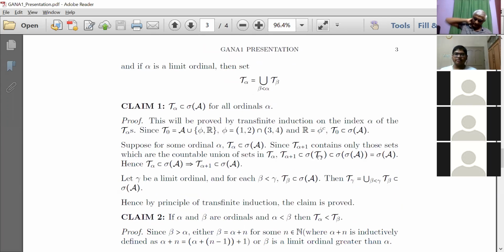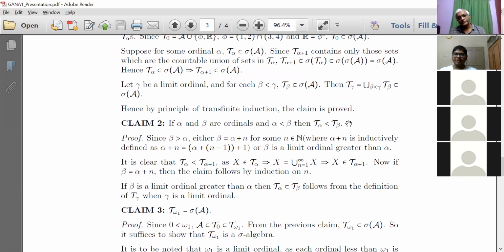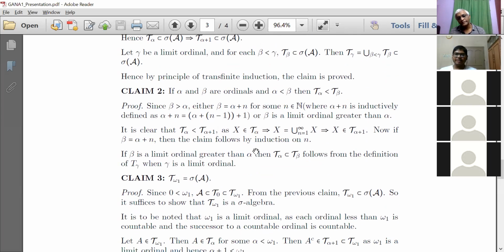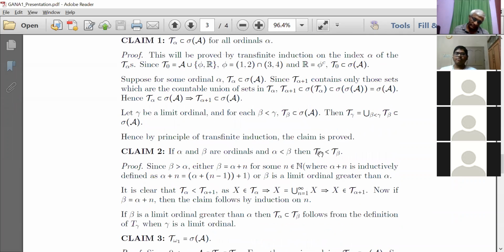So this is clear. Now we can just do the usual induction on n to see that T of alpha is contained in T of beta in this case. If beta is a limit ordinal that is greater than alpha, then T of alpha is contained in T of beta. This again follows from the definition.